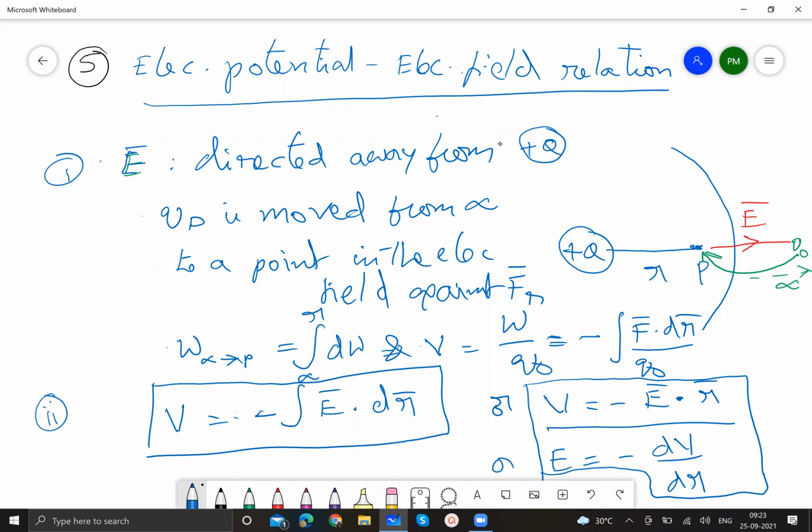So please write their second point. The negative sign implies that E bar will be always in the direction of decreasing electric potential. Write in the next line.